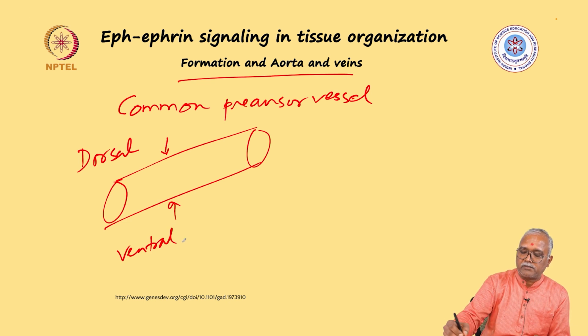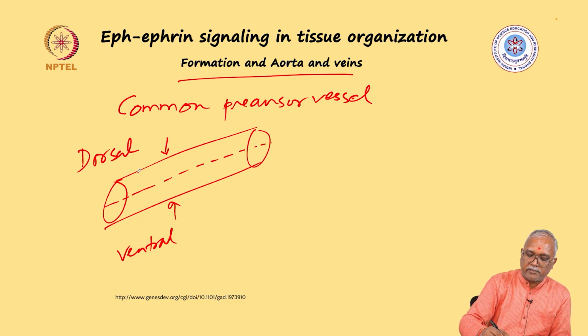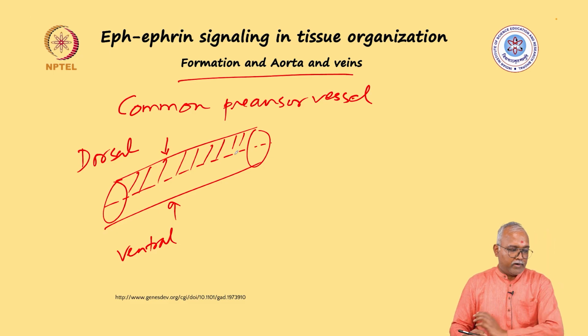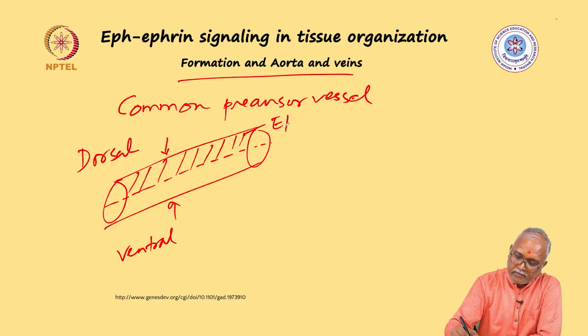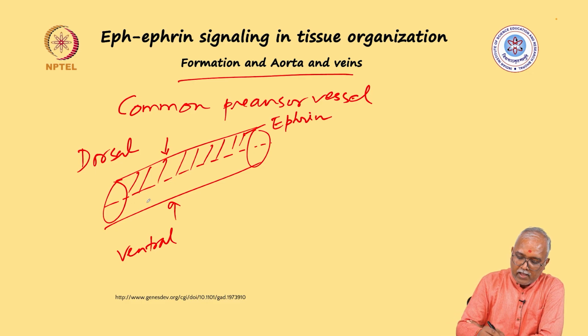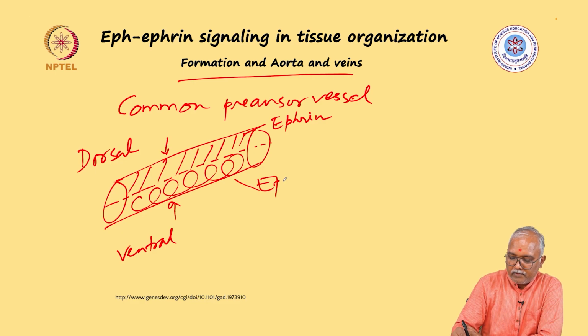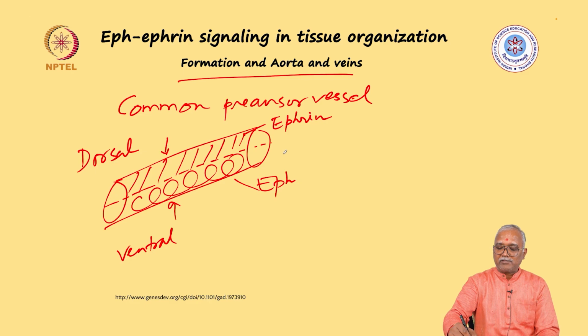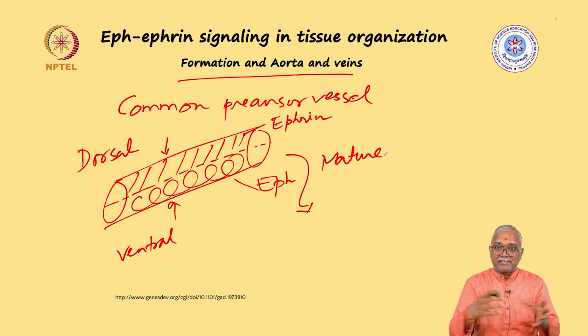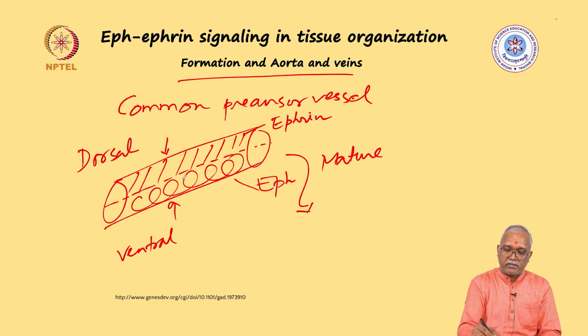So in this common precursor vessel, there is expression of the Eph-Ephrin here and here you have expression of EPH. As this will mature, cell segregation will happen, boundary formation will happen, and basically you will constrict it in between to give rise to two vessels.